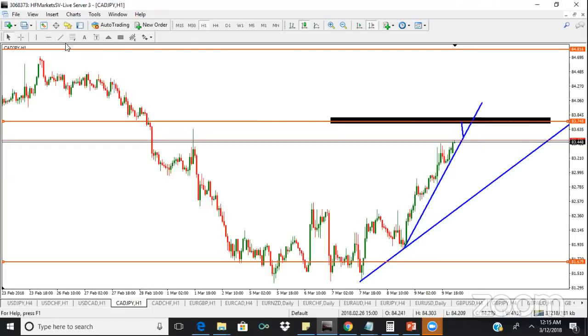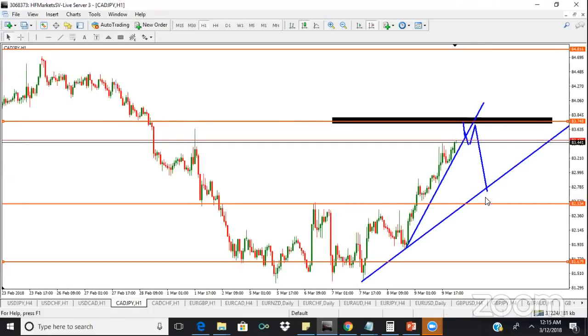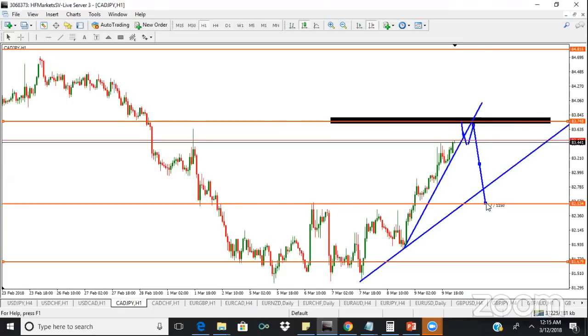Breakout, pull back, then gives you another pullback here to this place. So it will come here. When it comes there, guys, then we now start going back up.